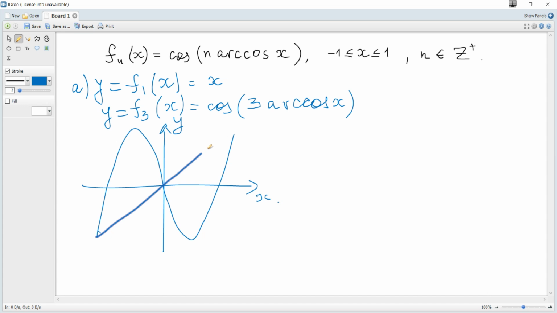And y = x is just a straight line, so it's f1(x), it's f3(x), from -1 to 1 for x, from -1 to 1 for y.